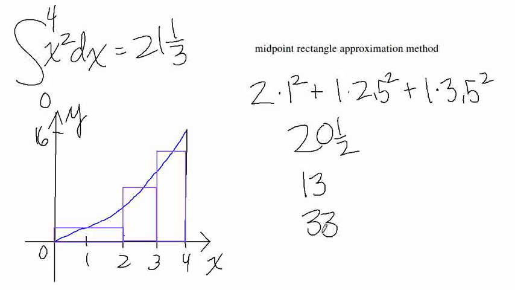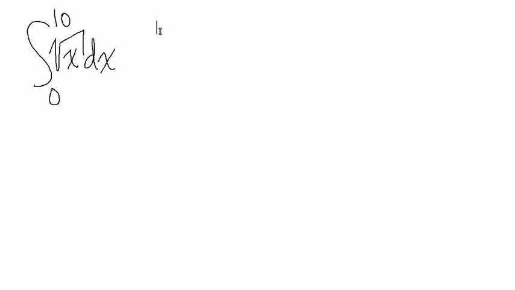Now, I would like you to use the midpoint rectangle approximation method to approximate an integral. I want you to approximate this integral with the midpoint rectangle approximation method using 5 rectangles of equal width.